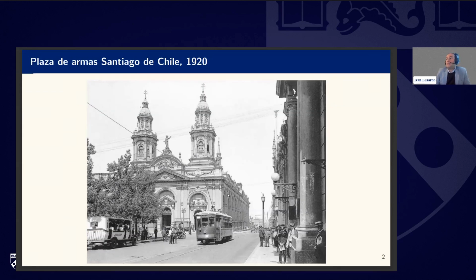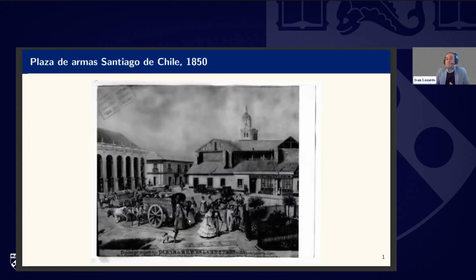Here you can see the construction is different, the road, the pavement, you can see steam powered transportation, tramways. So the whole city is different. And I think that this is a good illustration of the change that Latin America saw in this period. It was essentially a good way to see the origin of modern economic growth in Latin America.